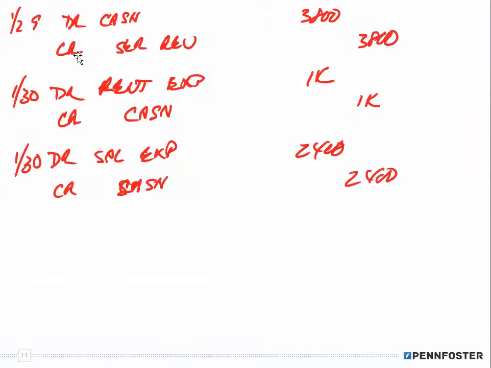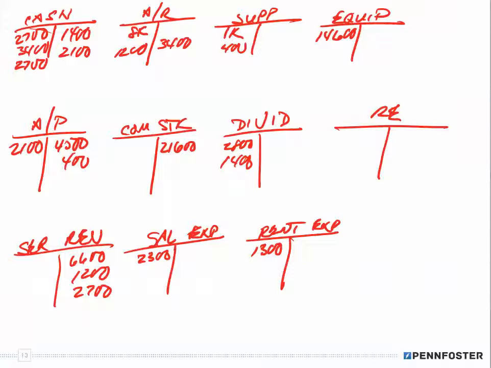Oops, wrong way. Okay, and the last three entries here, a debit to cash for 3,800 and a credit to service revenue for 3,800.